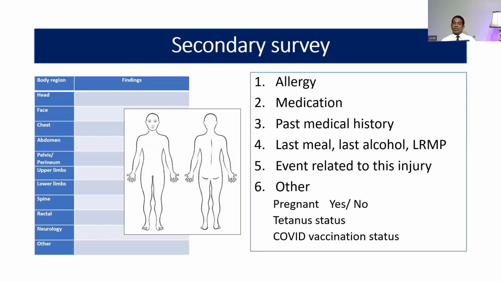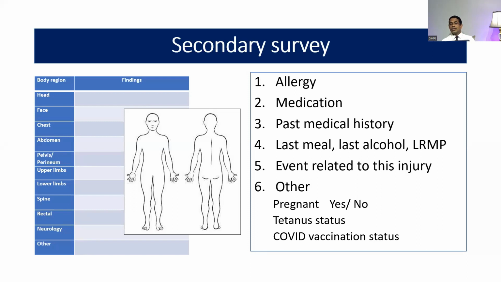After that, you can go to the secondary survey. The secondary survey is amalgamated with AMPLE history. What are the things you're going to ask in AMPLE history? A is allergy, M is medication, P is past medical history, L has three components: last meal, last alcohol, and LMP for females in the reproductive age group.